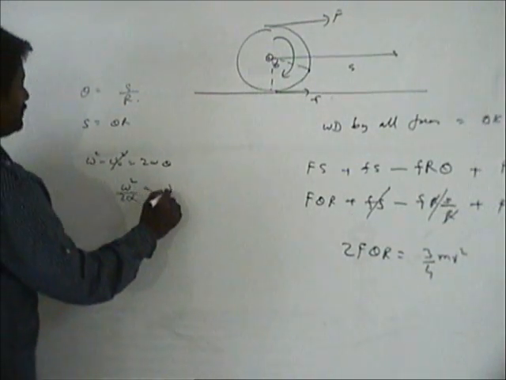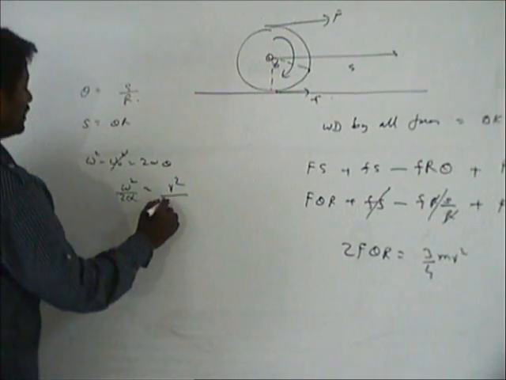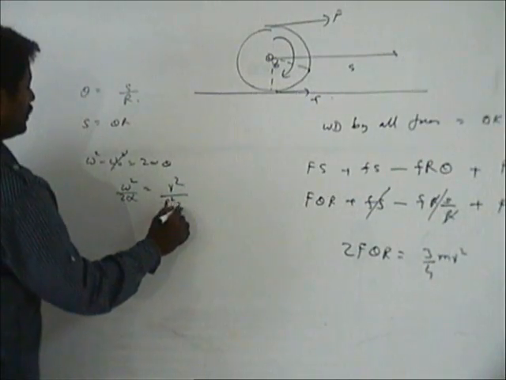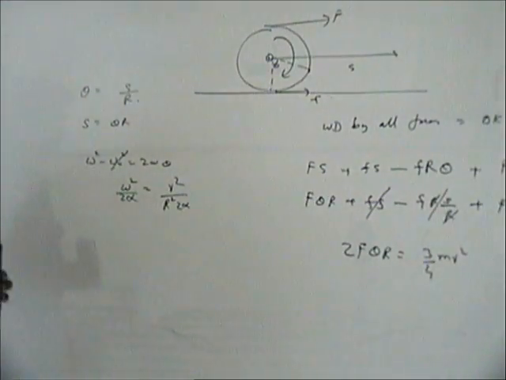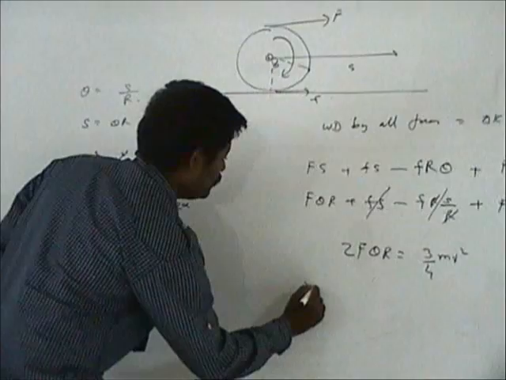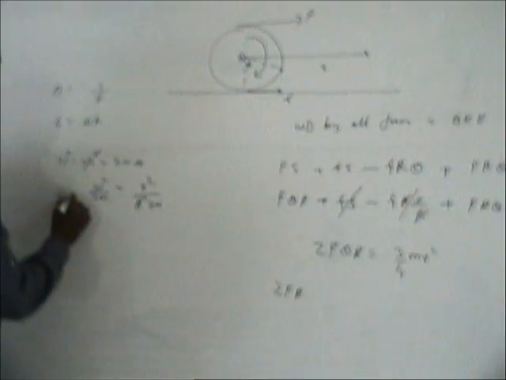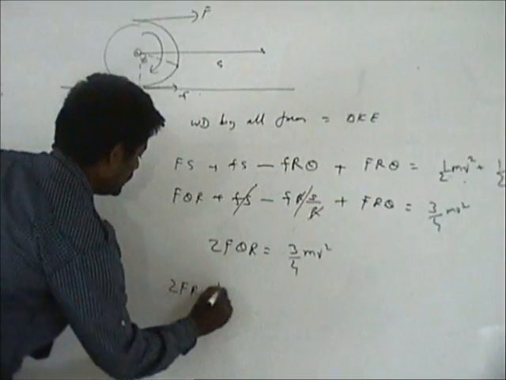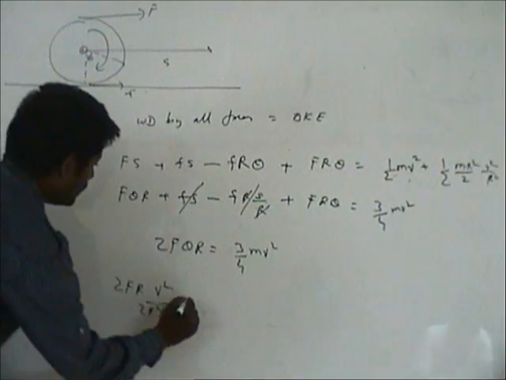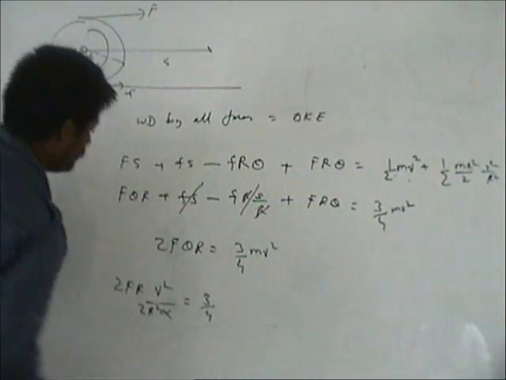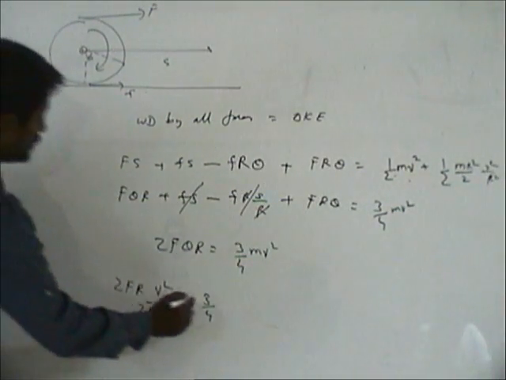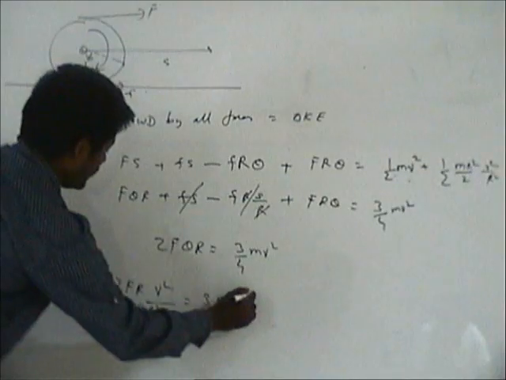But omega square is v square by r square, because v by r is omega. Therefore I can write 2 F r theta is nothing but v square by 2 r square alpha, equal to 3 by 4.